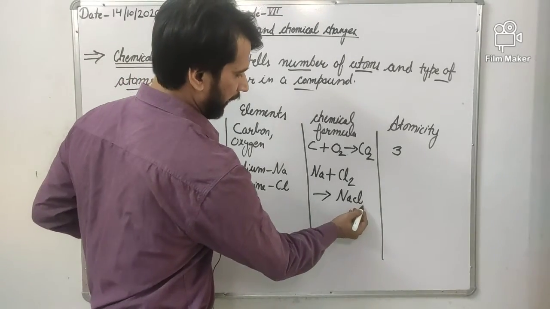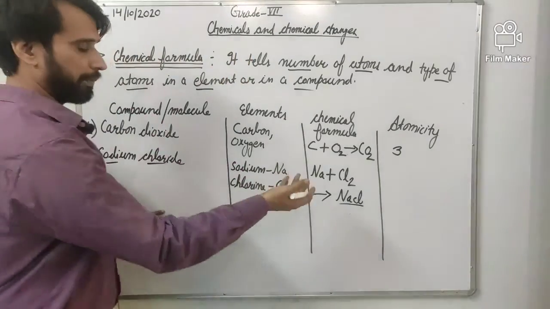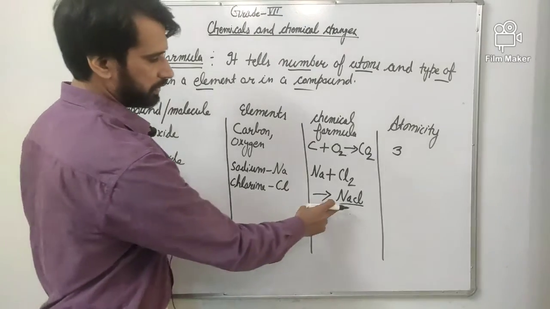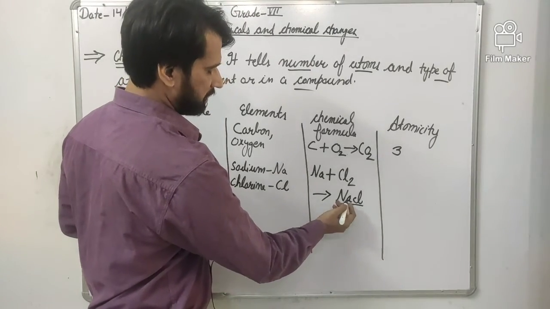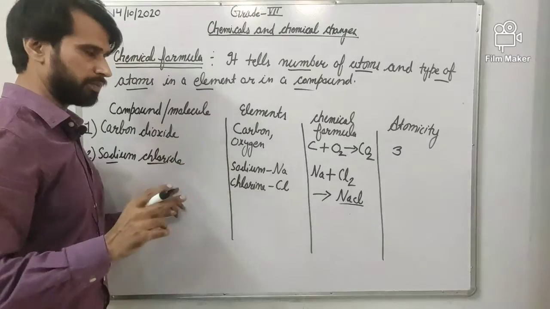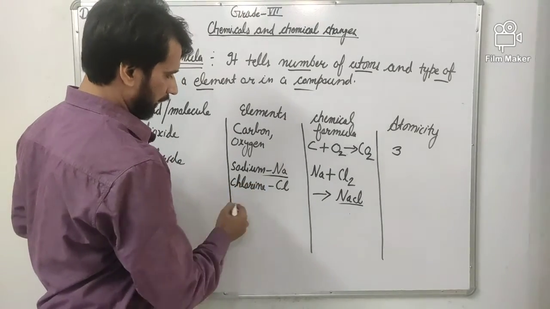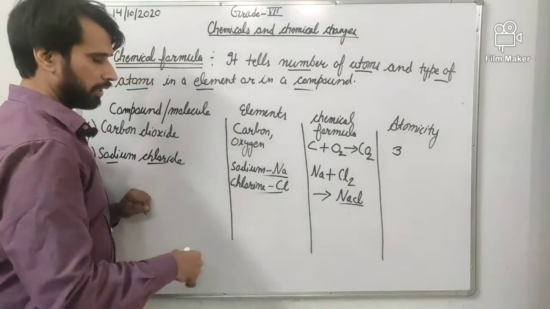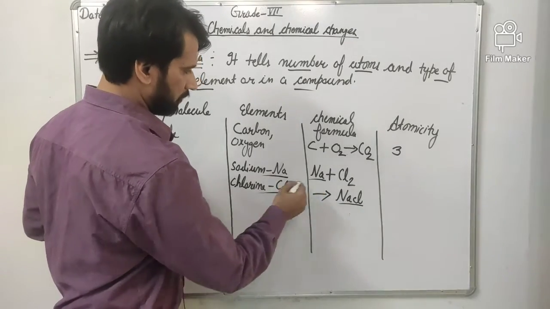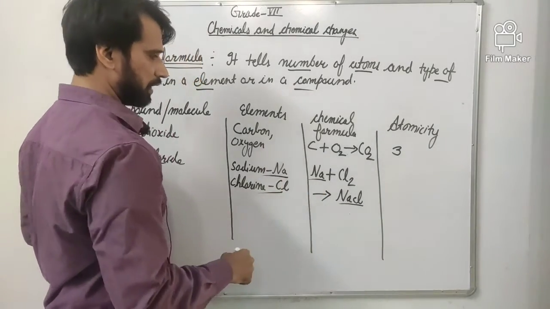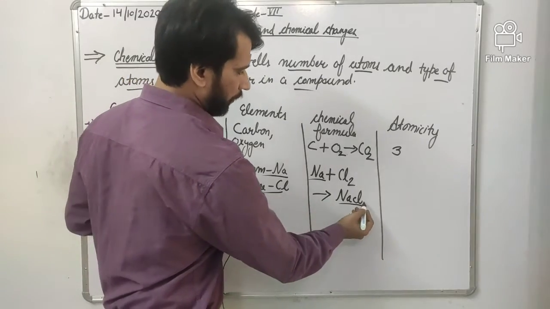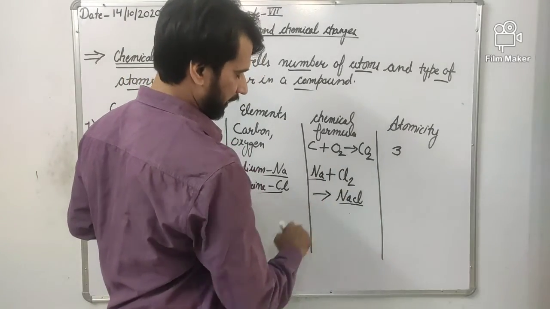How many atoms and what types of atoms does it represent? In NaCl there are 2 types of atoms of 2 elements, one of sodium and the second of chlorine. Sodium has only 1 atom in NaCl and chlorine also has 1 atom in NaCl.